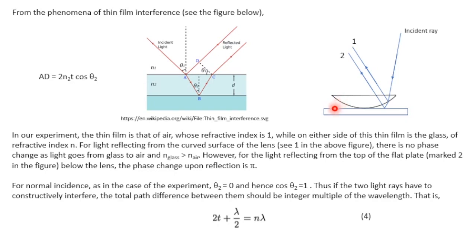The additional path difference comes from the fact that the light wave is propagating in a rarer medium and getting reflected at the interface of a rarer and a denser medium. So from basic physics, you must expect a phase change of pi, or a path difference of lambda by 2. So the total path difference between the two beams is 2t plus lambda by 2, and this must be equal to n times lambda in order to satisfy the condition for constructive interference.